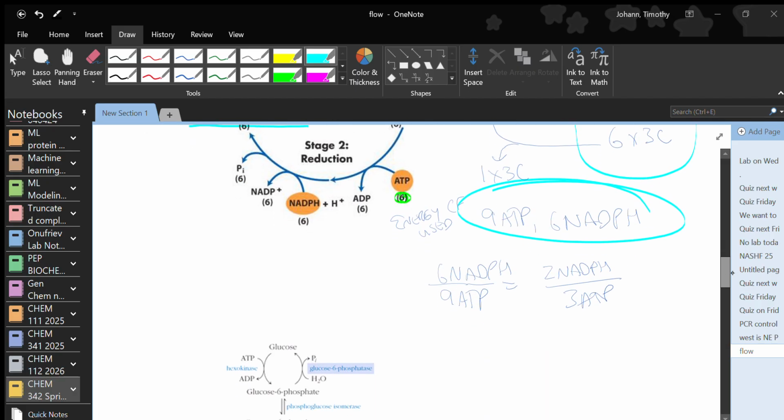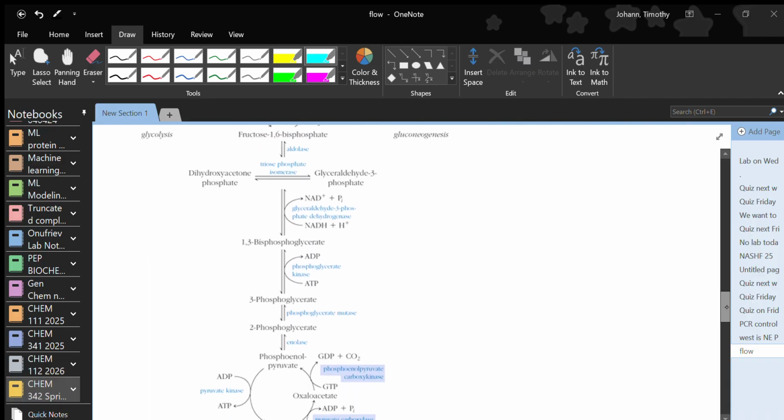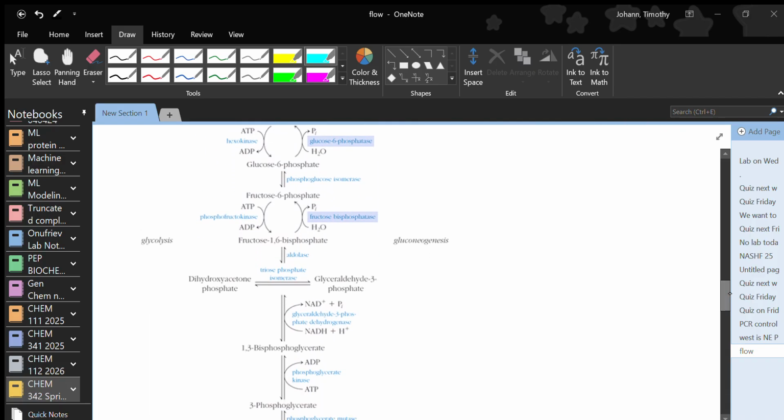Okay. I want to remind you what this glyceraldehyde 3-phosphate is good for. So here it is, right here. When they talk about energy usage, you could take that glyceraldehyde 3-phosphate into glycolysis and run it down this way. You'd have to ship it off to some other part of the plant, right?